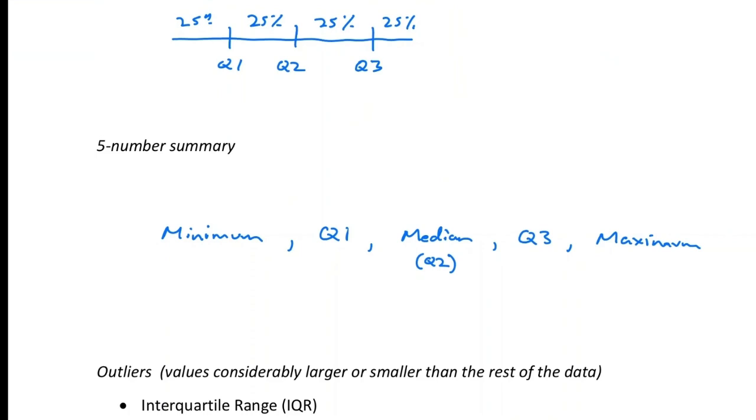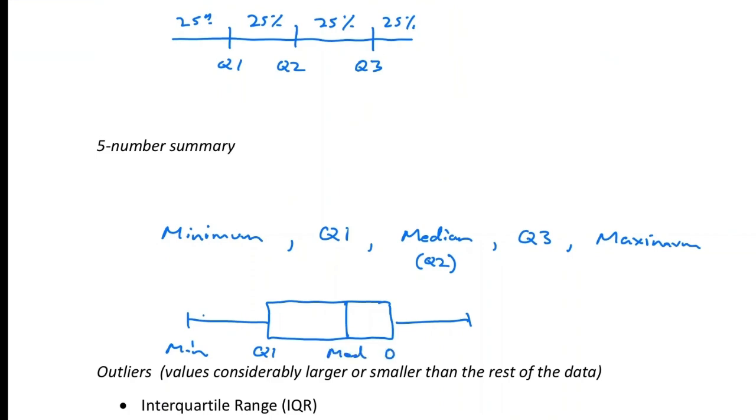So what this does, if you don't know what a box plot is or have forgotten, a box plot is the thing that looks like this. And basically what you've got is this is the min, this is Q1, this is the median, Q3, and the maximum. Okay. Let me clean this up a little bit for you.